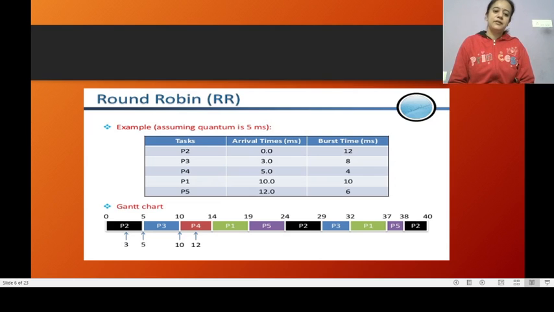For example, here P2 has 12 milliseconds of CPU time, but the time slice is 5 milliseconds. After 5 milliseconds, it will be forcefully preempted and P3 is given a chance, which has 8 milliseconds of CPU time. Once it finishes after 10 milliseconds, P4 will be given a chance. After that P1, after that P5. Like that it will be in a round robin fashion.